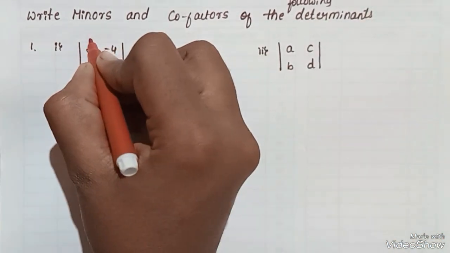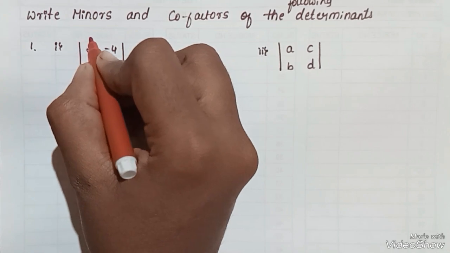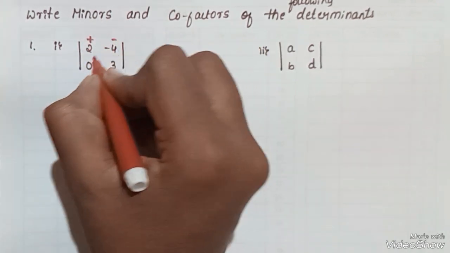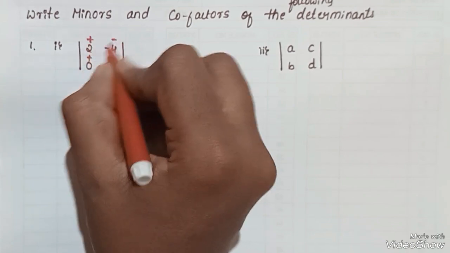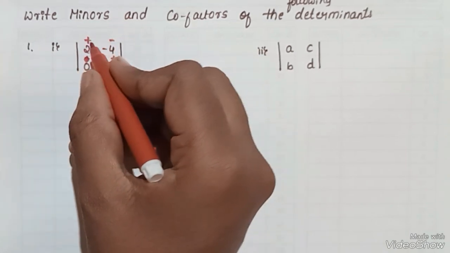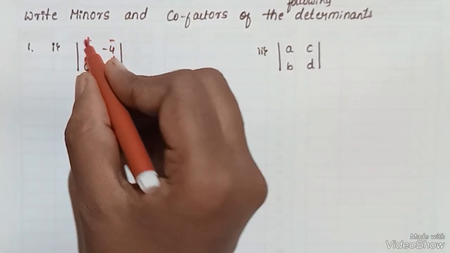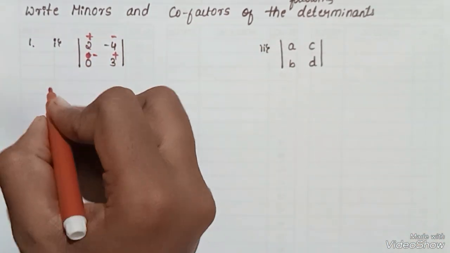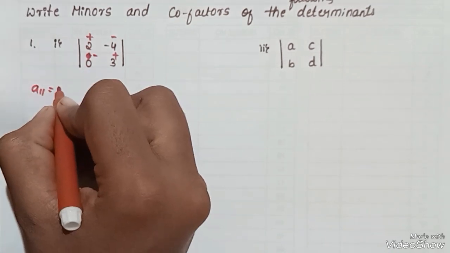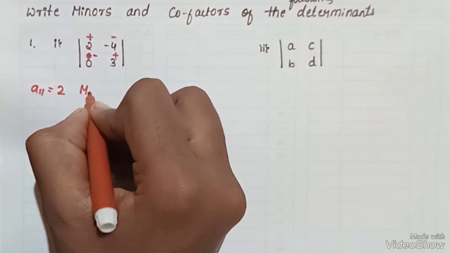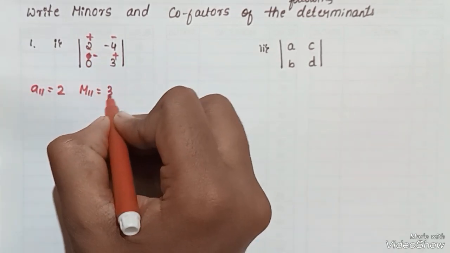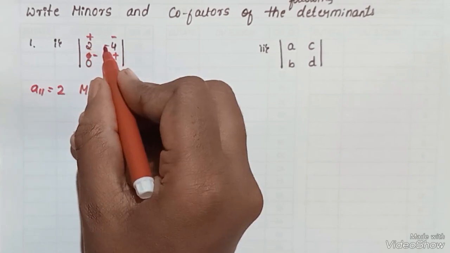You have to write the signs of the given determinant: plus, minus, minus, plus. Easily, the sign will be multiplied to give the value of the cofactors. Here A11 is the first element 2, then the minor of the element is 3, because neglecting the row and column.